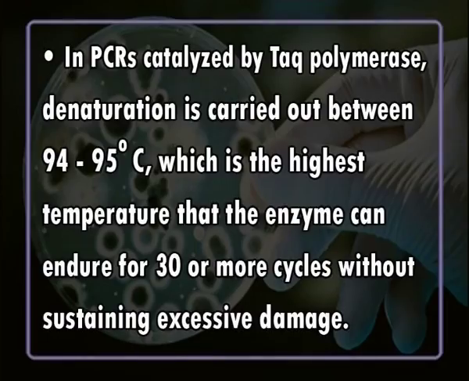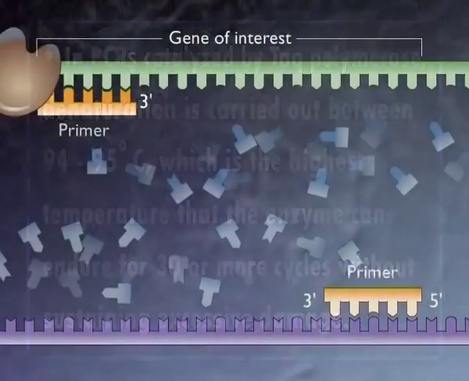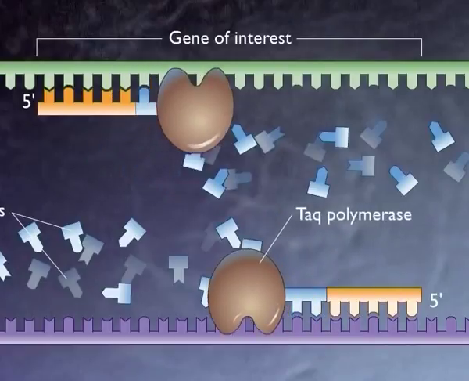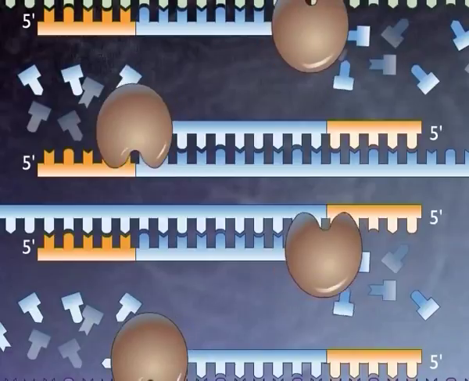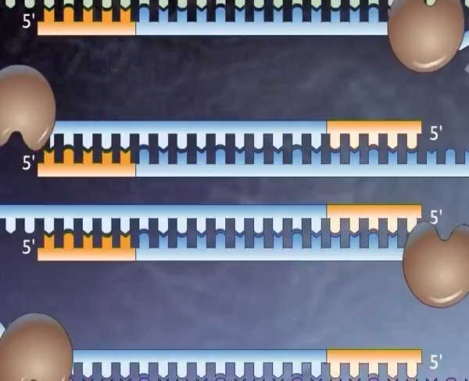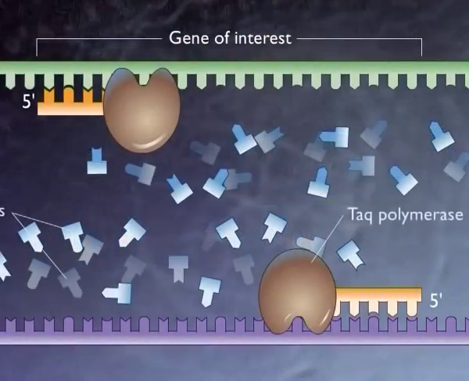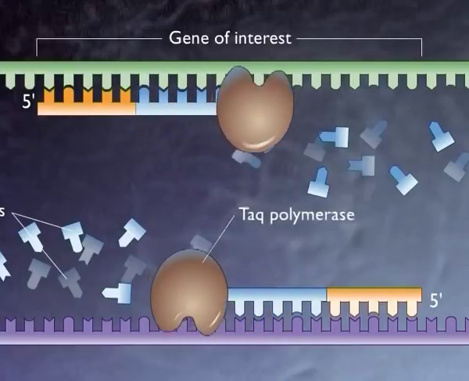In PCR catalyzed by Taq polymerase, denaturation is carried out between 94 to 95 degrees centigrade, which is the highest temperature that the enzyme can endure for 30 or more cycles without sustaining excessive damage. In the first cycle of PCR, denaturation is sometimes carried out for 5 minutes to increase the probability that long molecules of template DNA are fully denatured.